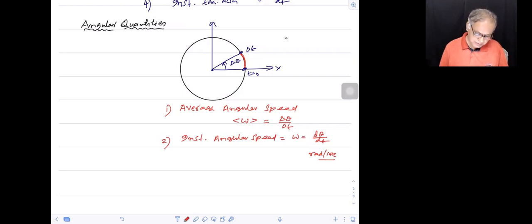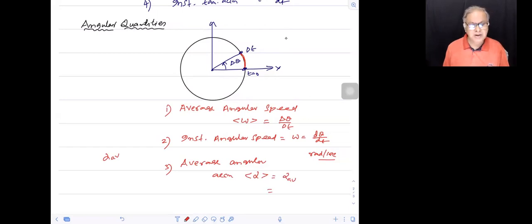Right. Then comes, after this, omega changes with time. So you get average angular acceleration. Straight away I can write alpha average, or if you don't want to write those brackets, you can write alpha AV, is equal to change in angular speed by time, omega 2 minus omega 1 by t2 minus t1, which is written as delta omega by delta t.